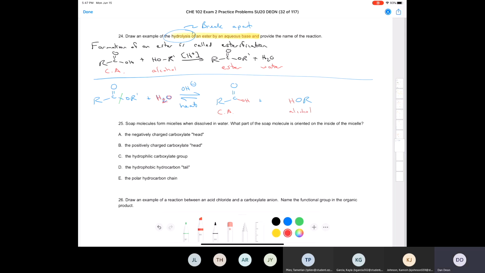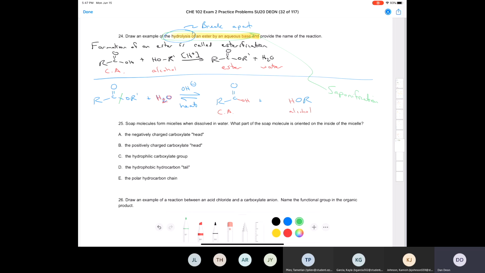Saponification, that is correct. So the hydrolysis of an ester in aqueous base is called saponification, because it's the way the pioneers used to make soap.